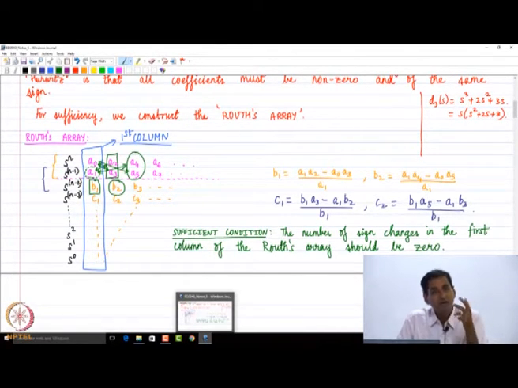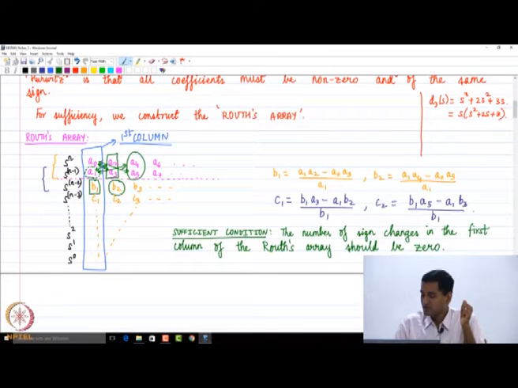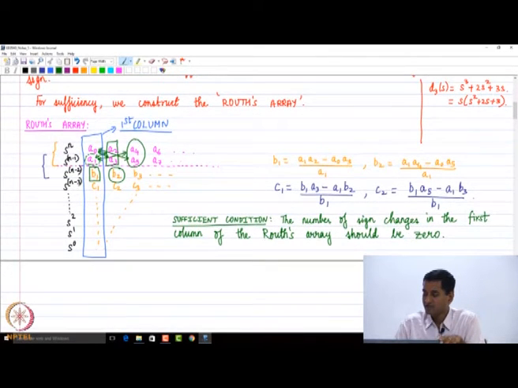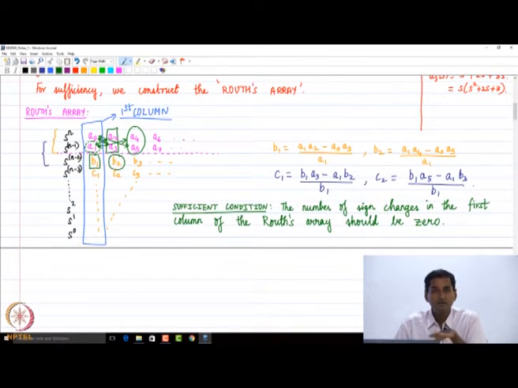It so happens that for polynomials of order 1 and 2, the necessary condition is also sufficient. We will shortly see that. But for polynomials of order 3 and more, we should check the Routh array.